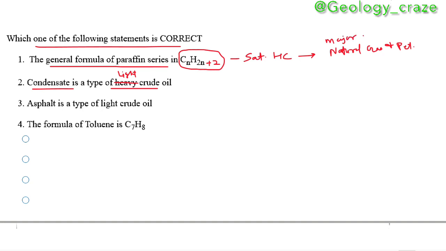In this, condensate is a type of light crude oil, and one more point: its API is high.